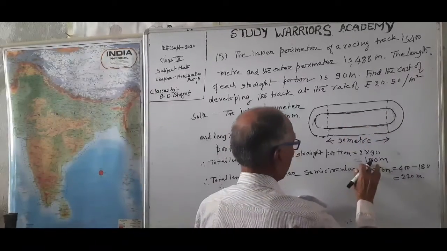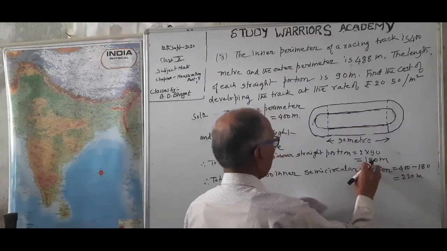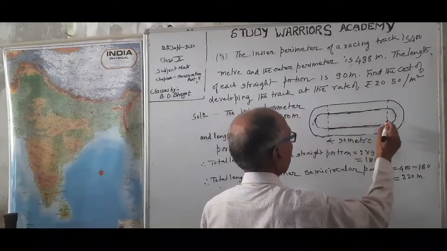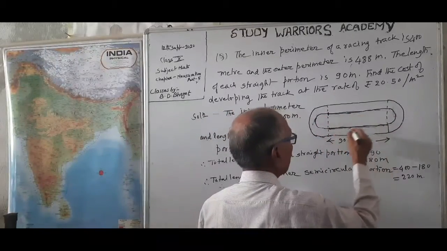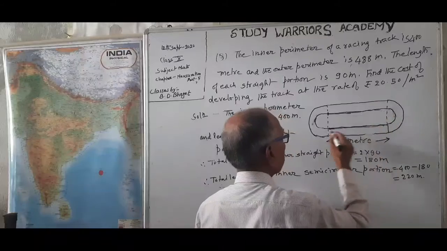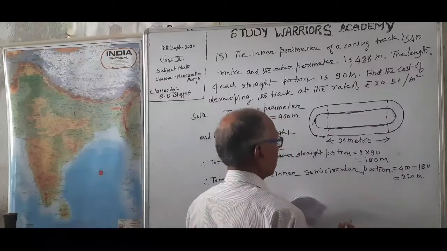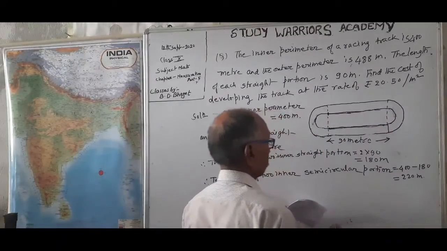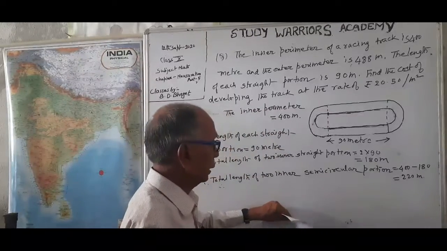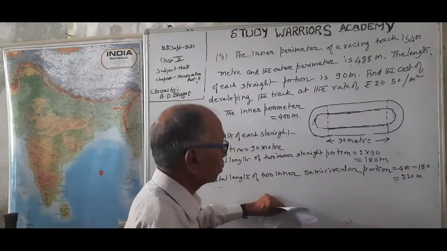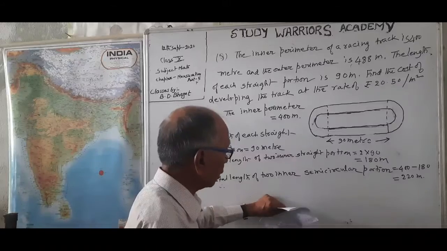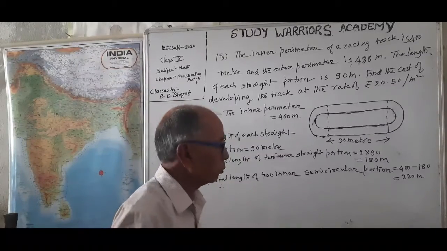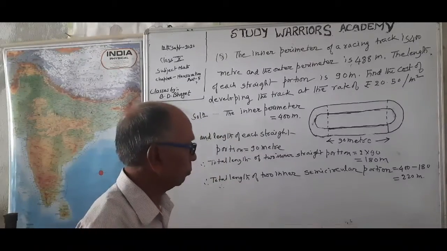The straight portions are 180 meter. So if we deduct the length of these two straight portions from the perimeter of inner portion, then we will get the length of two inner curved portions, that is 220 meter.